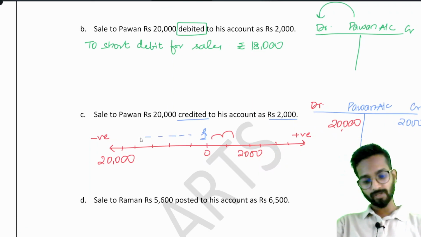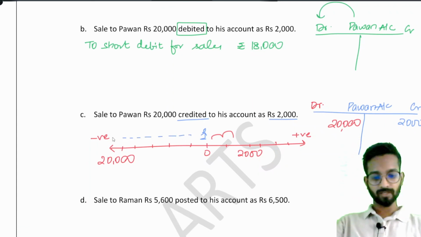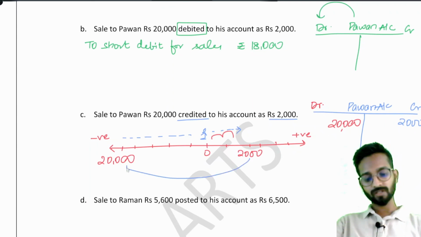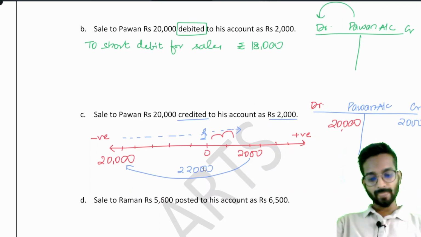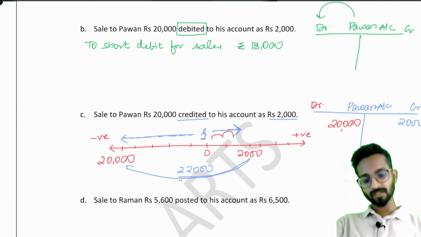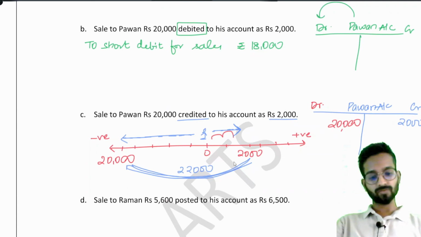I was supposed to go 20,000 steps this way, but I went 2,000 steps on this side. Now tell me how much I have to travel from here to here. You will say, sir, obviously you have to travel totally 22,000 steps. Very simple. So the total rectification will be this 22,000.